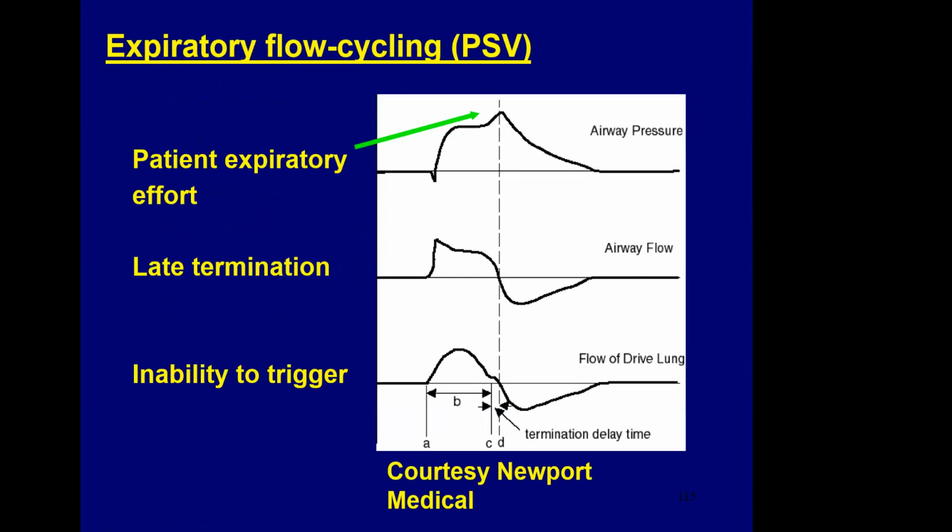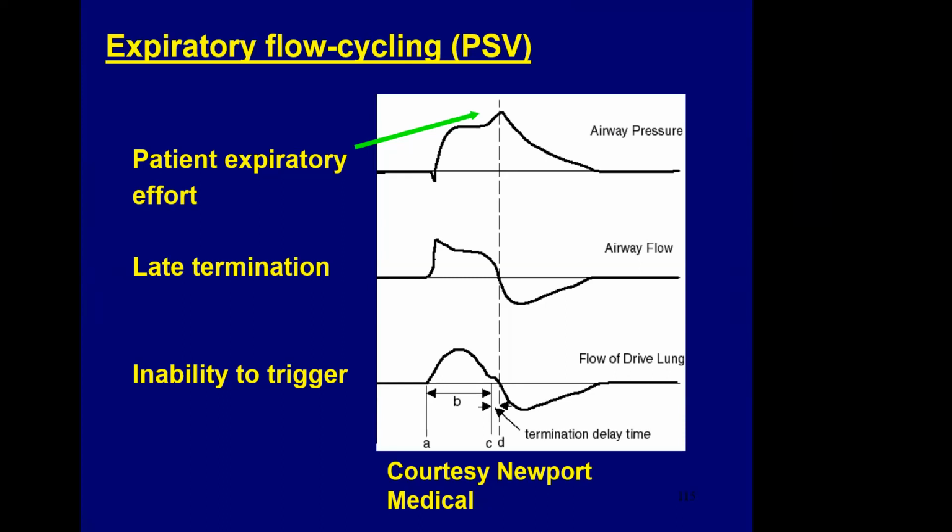Okay, and here are some graphics of flow cycling with pressure support ventilation. The top curve shows that peak in the curve indicates there is patient expiratory effort. We don't want the patient to produce any effort for expiration.